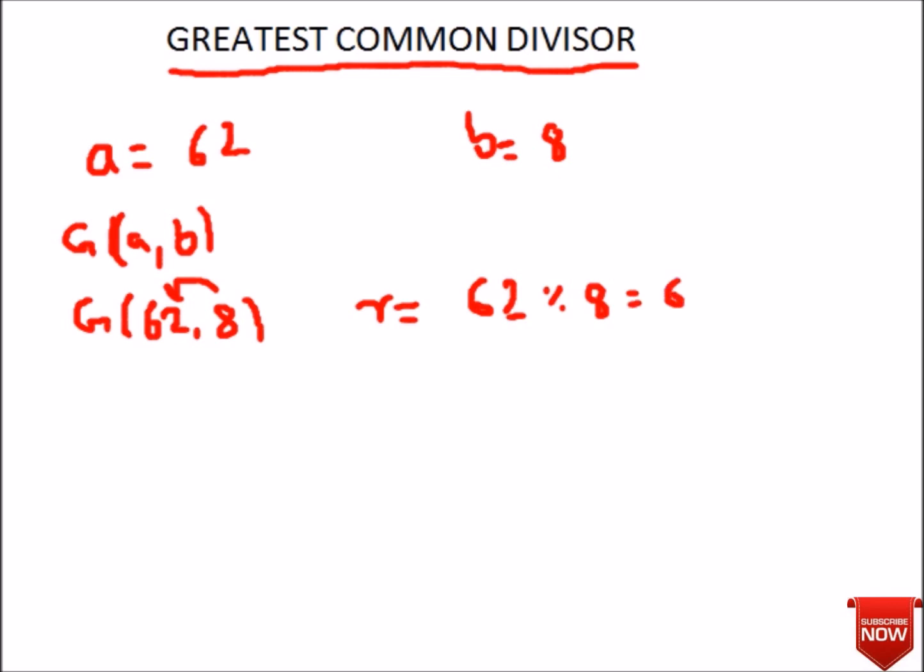According to Euclid's algorithm, once again our values will become 8, that is B, and next is 6.